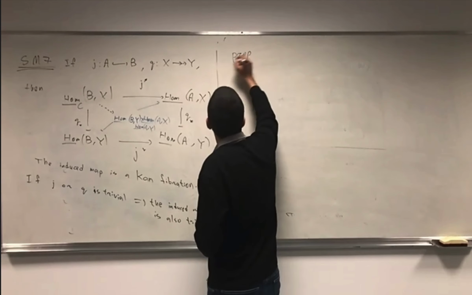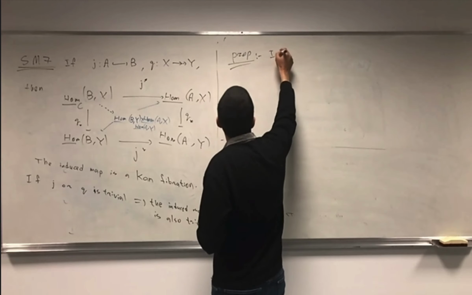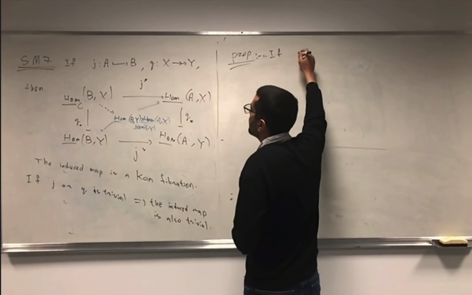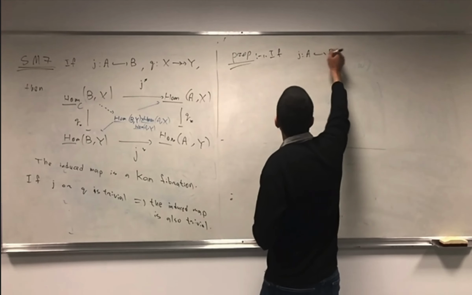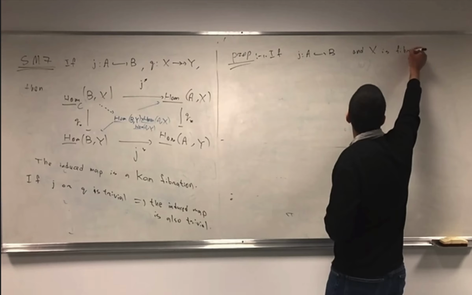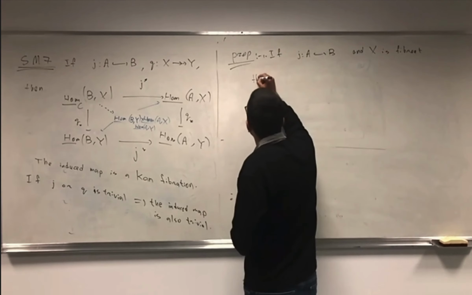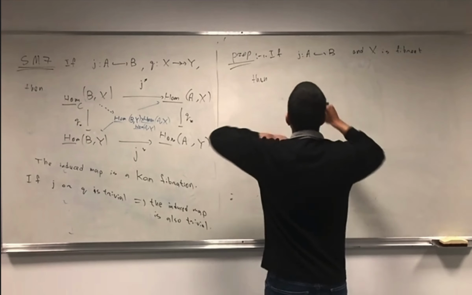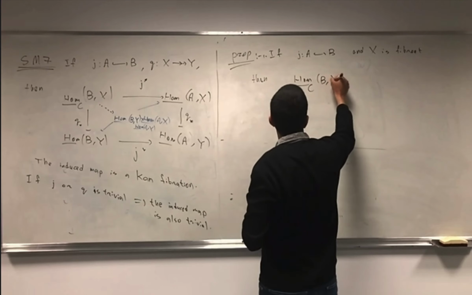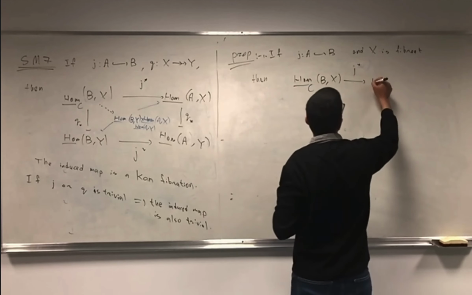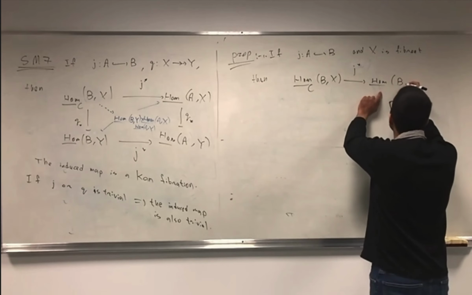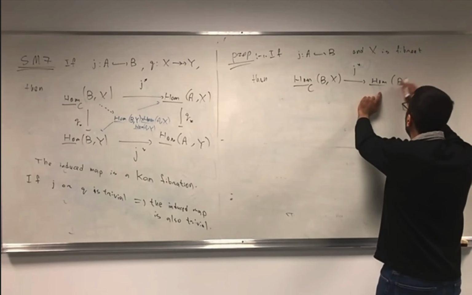Let's say if j from A to B is a cofibration and X is fibrant, then the induced map by j, from Hom(B, X) to Hom(A, X), will be a Kan fibration, okay?